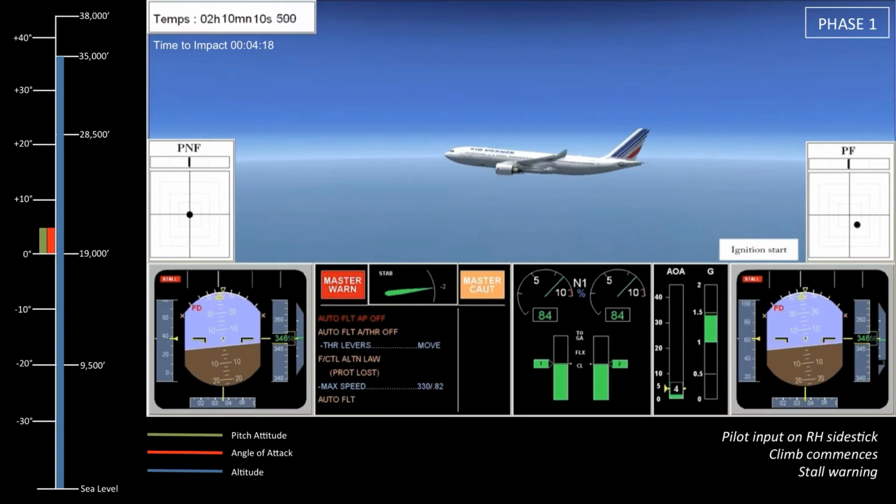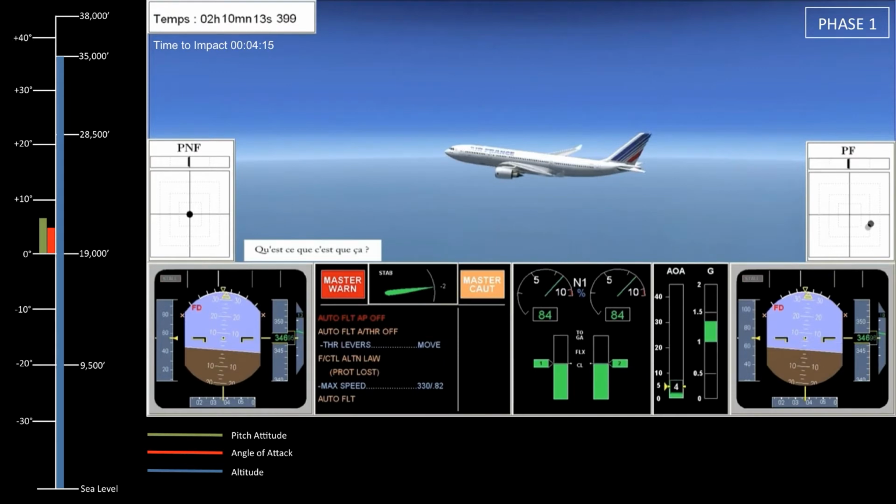Peak bank angle and opposite lateral side stick inputs each occurred at the same time. Only over the next 30 seconds was the aircraft's roll gradually brought under control. The indicated airspeed on the standby instruments decayed again at 0210 and 13 seconds, and over the next 4 seconds fell from 270 knots to 73.